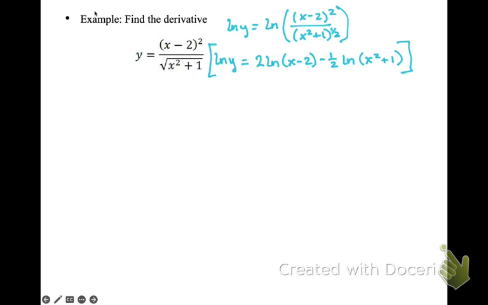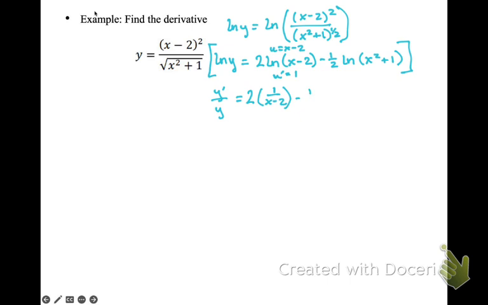So I have y prime over y equals, and then I just go through. So 2, and u is x minus 2, so u prime would be 1. So I get 1 over x minus 2.